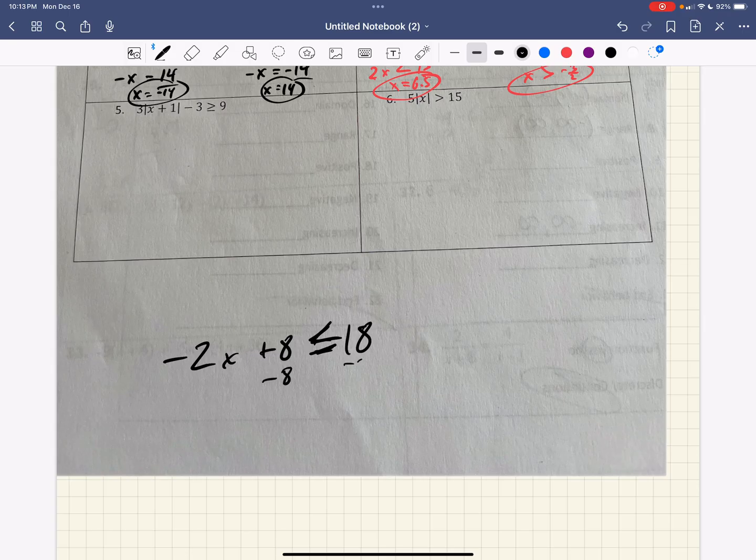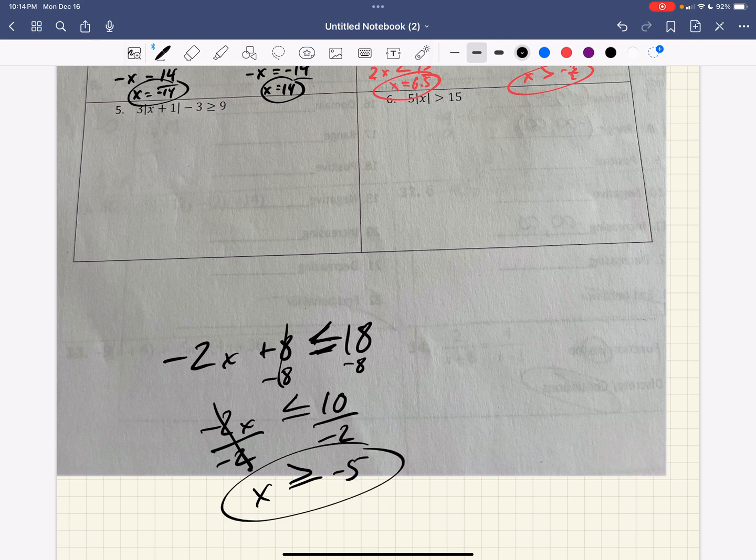I would still subtract 8. Negative 2x is greater than or equal to 10. But when we divide by this negative 2, whenever we divide by a negative, we have to flip the sign. So it's going to be negative 5. My answer is going to be x is less than or equal to negative 5.